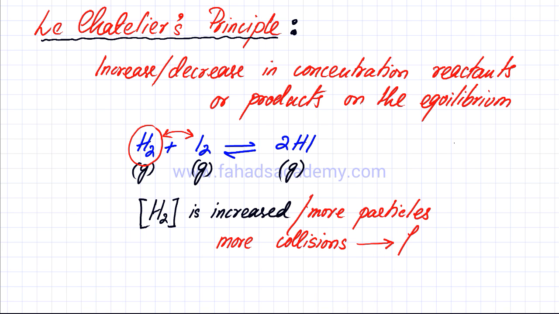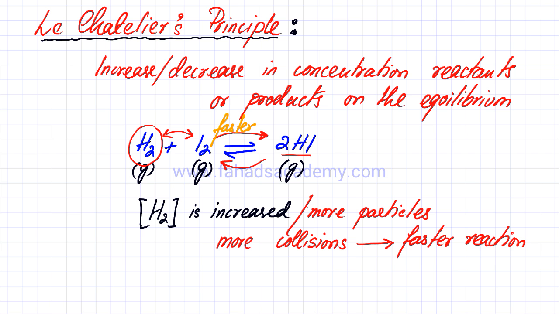But which reaction would be faster? It's the forward reaction that's going to be faster. We're not touching the concentration of HI, so the reverse reaction would occur at the same pace. It's only the forward reaction that's going to be faster. So let's write that down as well. This reaction would be faster compared to the backward reaction.